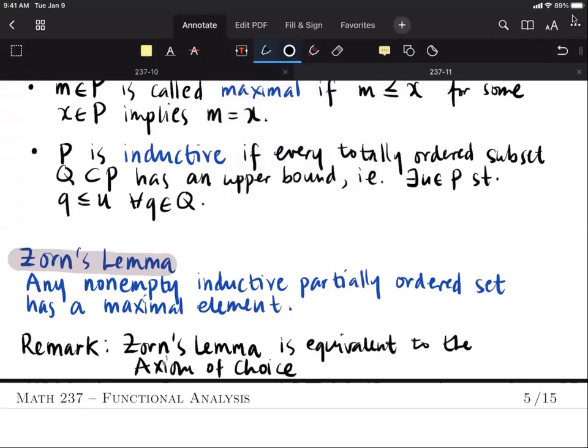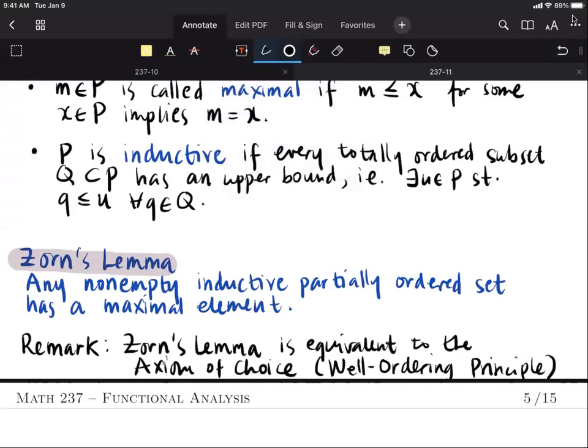And as a result, it is also equivalent to the well ordering principle. So any non-empty set can be well ordered. In other words, that set has a total order for which every non-empty subset has a least element. So here, the total order is an antisymmetric and transitive relation where any two elements are comparable.